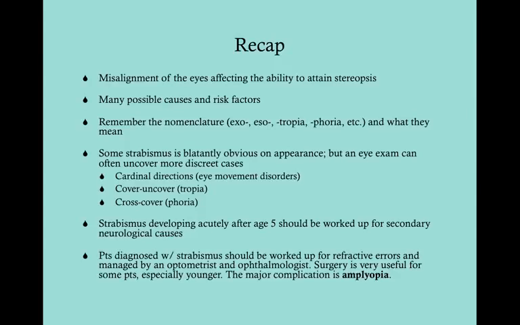Surgery is very useful for some patients, especially younger patients, but not all patients necessarily need surgery. There are other ways that they can be treated. And the major complication of strabismus is amblyopia.